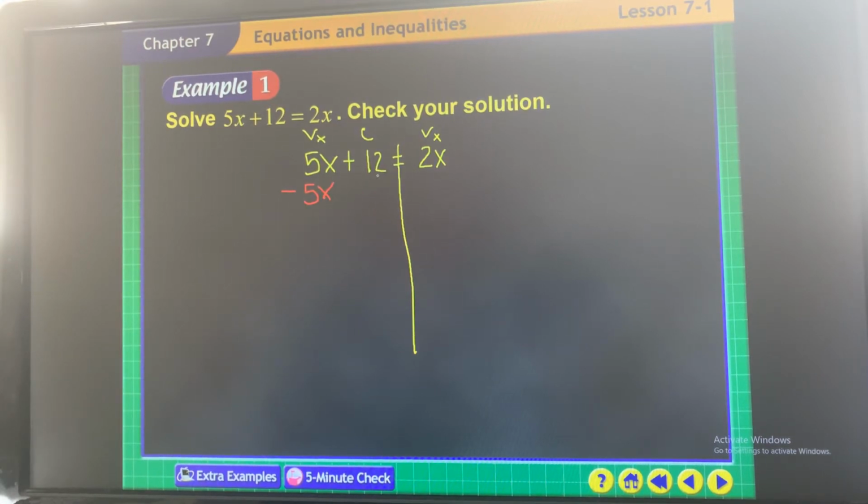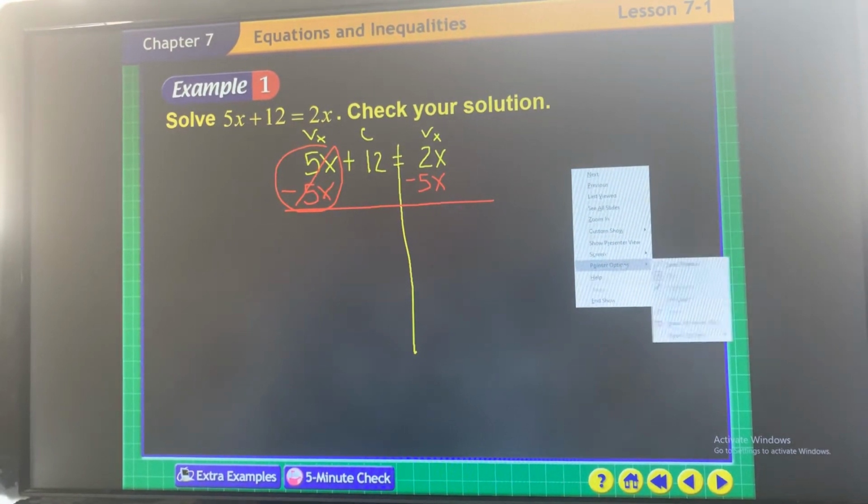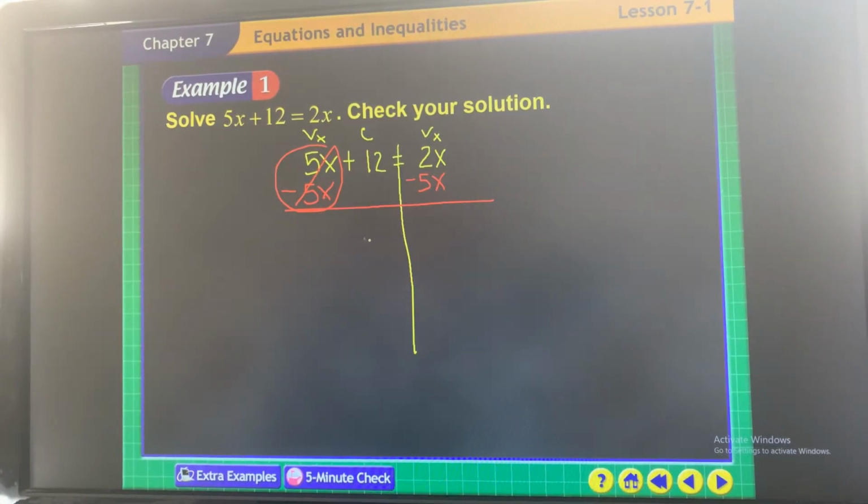So I'm going to add the additive inverse to both sides. I just picked it up and moved it over here, because 5 and negative 5 cancel out to make 0, because that's what additive inverse makes. Then I get 12 is equal to negative 3x.